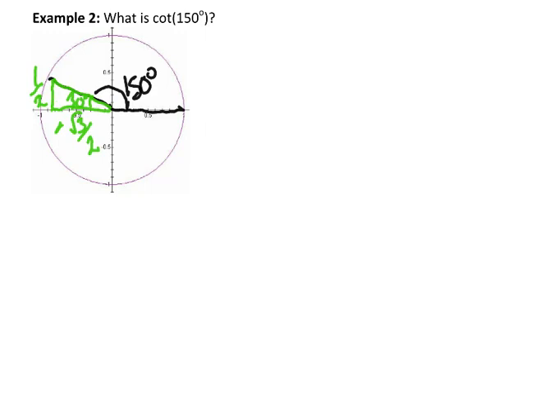All right, so what is cotangent of 150? Well, cotangent is going to be 1 divided by tan of 150. But that actually doesn't help me out because my special triangle here tells me what sine of 150 is and cos of 150, but it doesn't actually directly tell me tan.